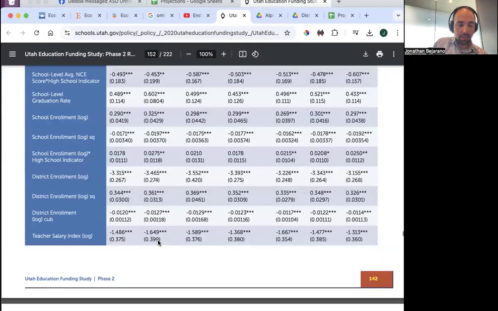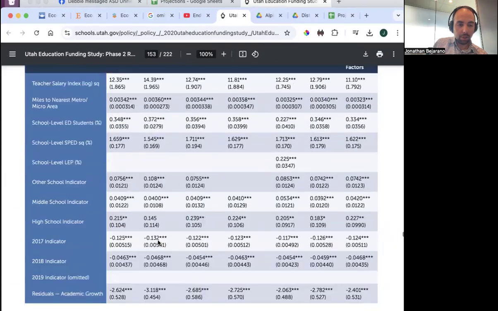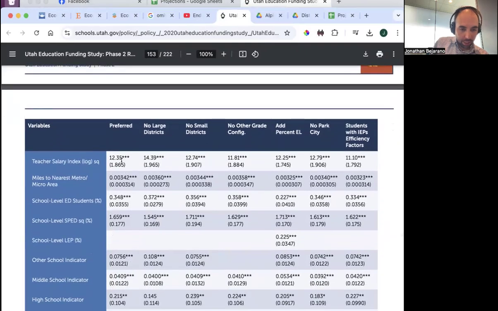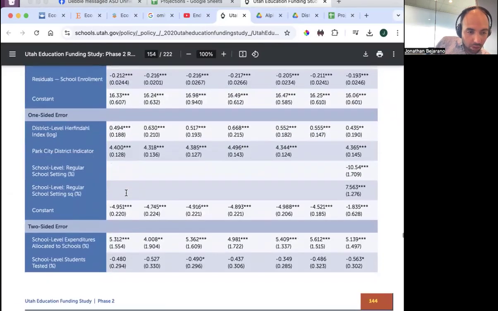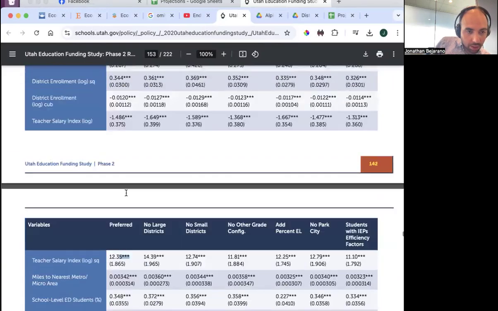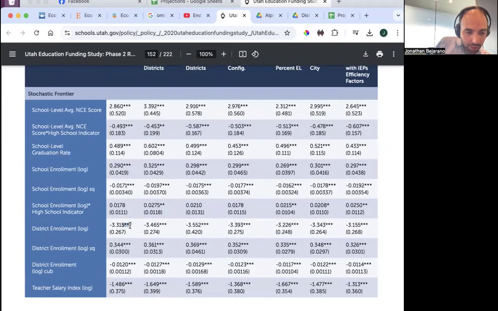And then at the end, we can see that we get a cost function that has these triple stars on the coefficient. Where is it? The district enrollment right here. We have a negative coefficient right here. Because we have this negative coefficient, we can conclude correctly that district enrollment, as it grows, has a negative impact on cost.